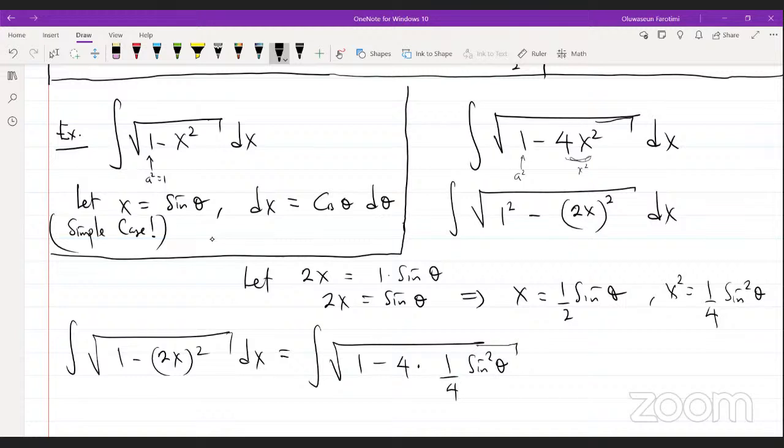Okay, but keep in mind that this is dx. So what is dx, guys? That's another thing I need to know. dx is just going to be 1/2 times the derivative of sine with respect to theta, so you have cosine of theta d theta.